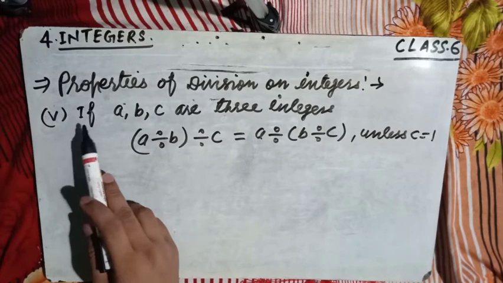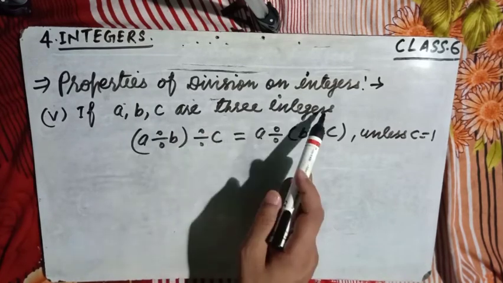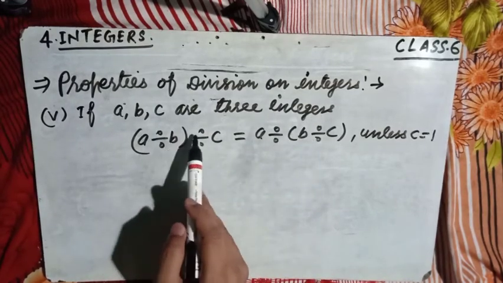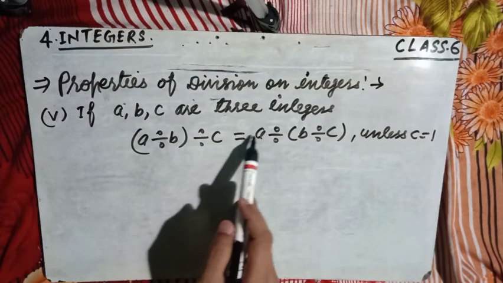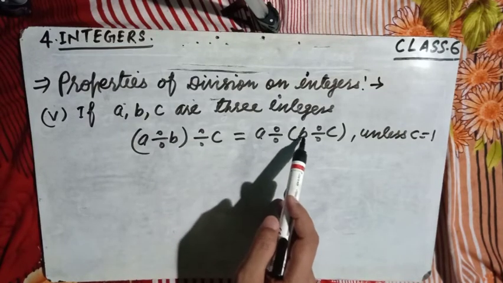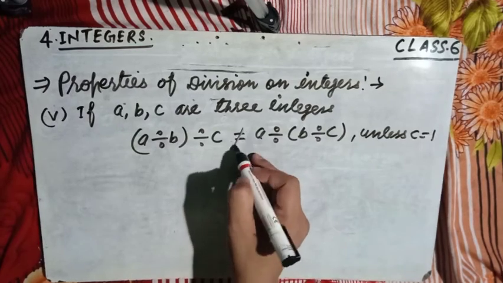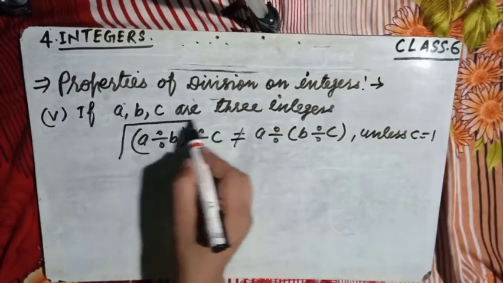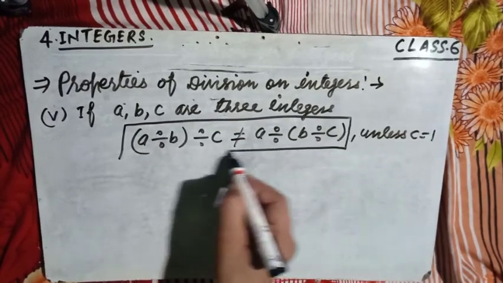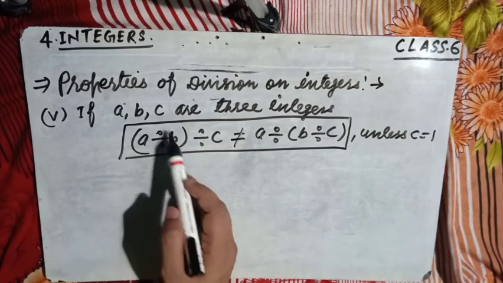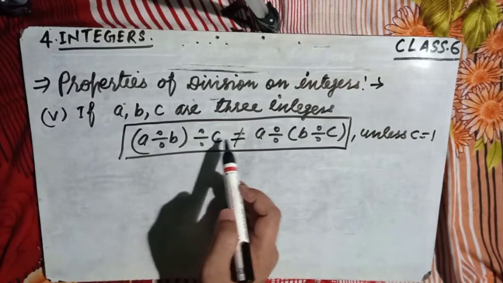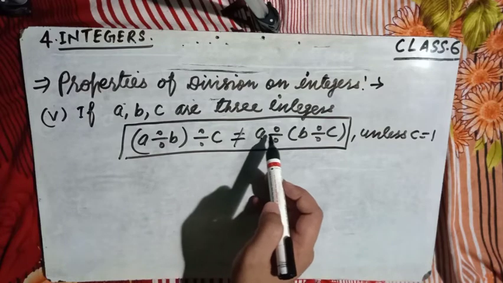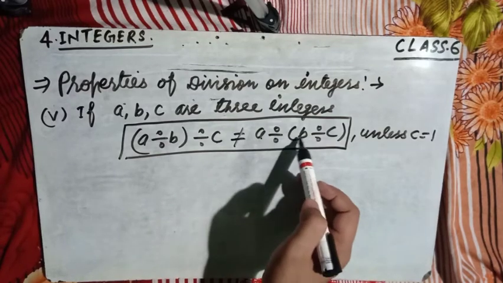The next point, fifth: if a, b and c are 3 integers, then (a divided by b) divided by c is not equal to a divided by (b divided by c).